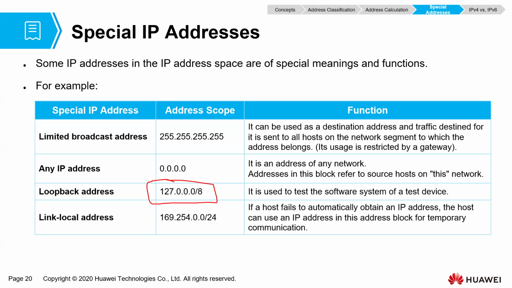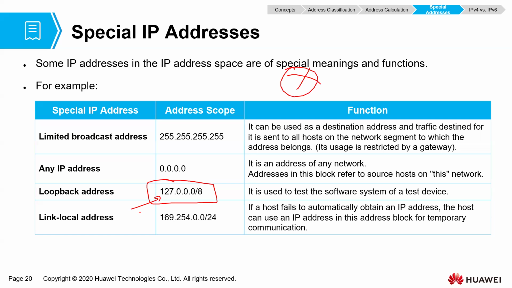So if this device, a router, wants to test if it is operational, it sends a packet to itself. Sending a packet to itself basically means using these IP addresses. If it sends a packet to itself and it receives it, then it means the device is operational. So it's usually a self-test, and it uses a loopback IP address.